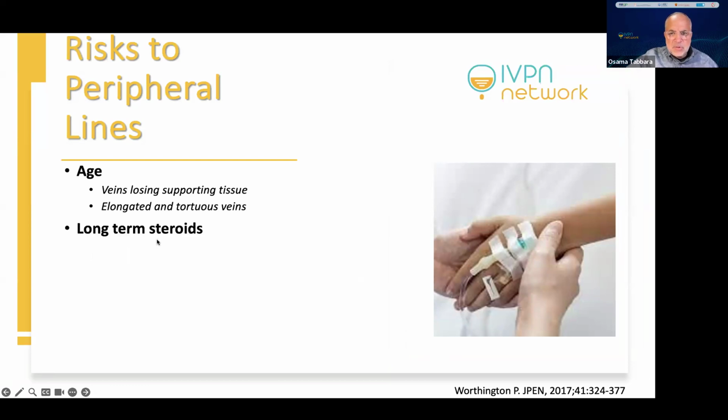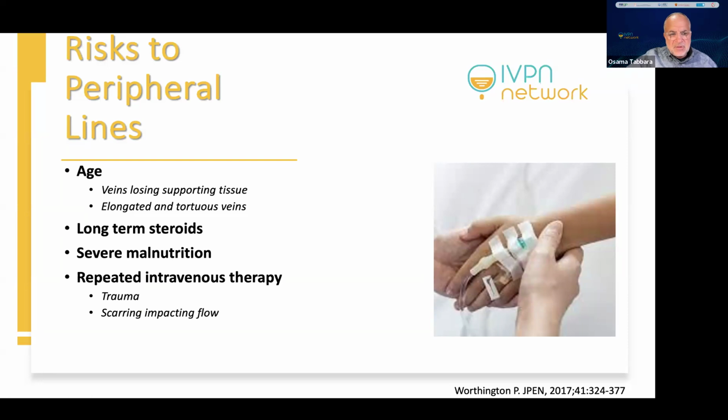Long-term steroid use is also a justification not to use peripheral parenteral nutrition, because those patients have very poor peripheral venous access. Severe malnutrition and cachexia are also factors. Repeated intravenous therapy, like trauma or scarring impacting flow, are high risk, and so is debilitating disease, like a patient on palliative care or at the end stage of life.